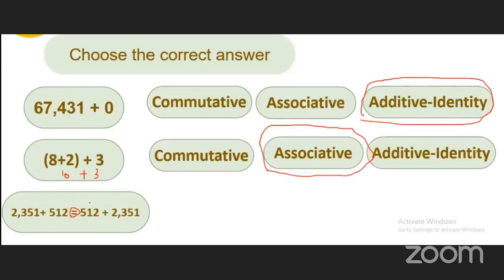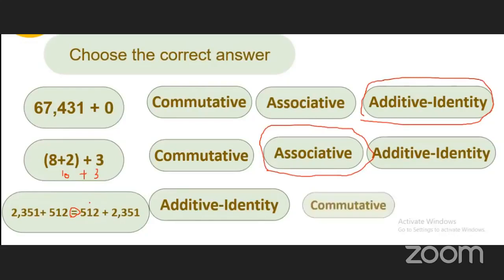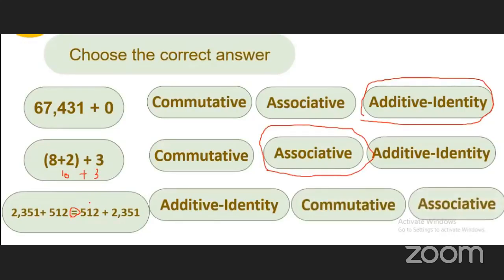So it will be called, excellent, commutative or additive identity or associative? Which one? Commutative. If we have equal sides with the same numbers but replaced with each other, it's called commutative.